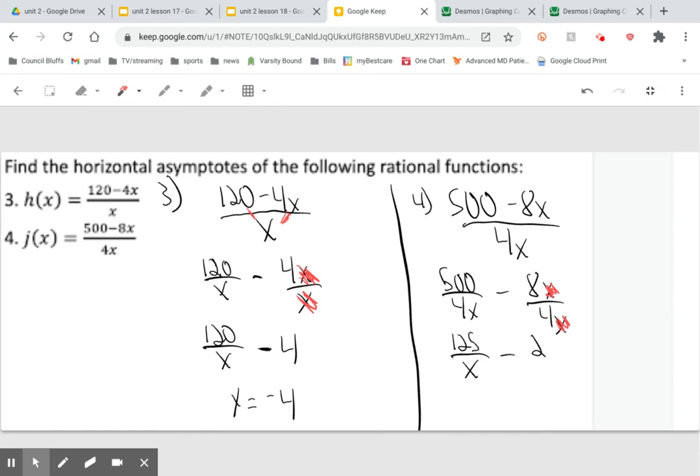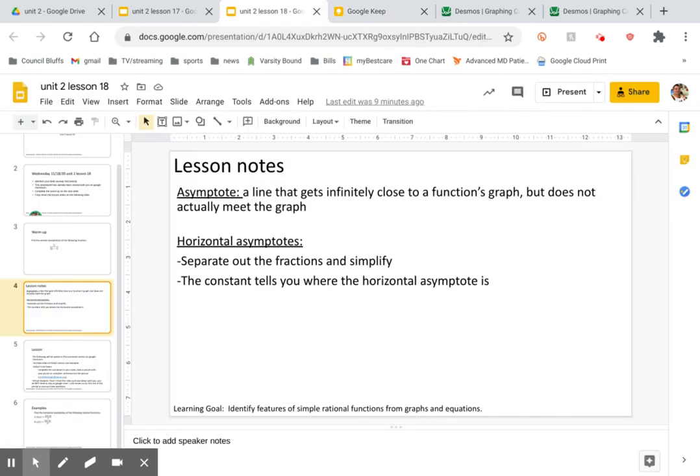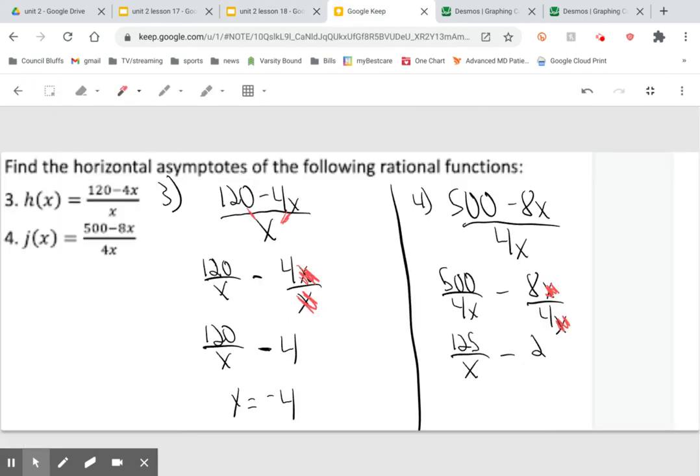So the two x's will cancel each other out. And then 8 divided by 4 is 2. And just like we said, the constant term, in this case the constant term of -2, tells you where the horizontal asymptote is. In this case, it'll be y equals -2.